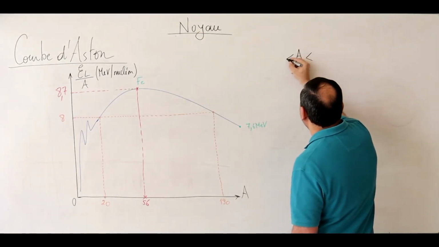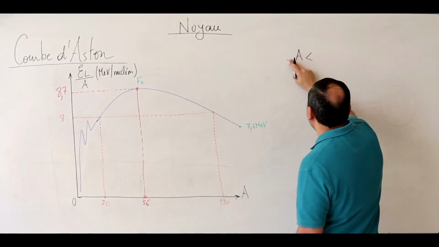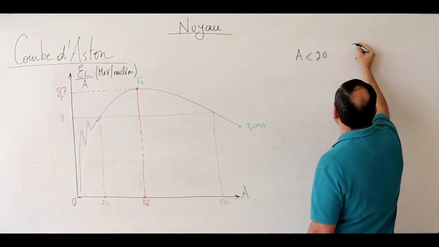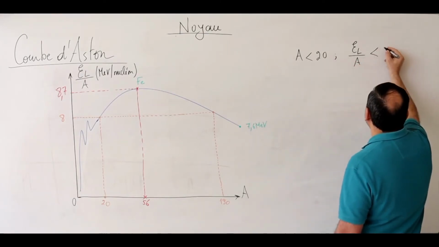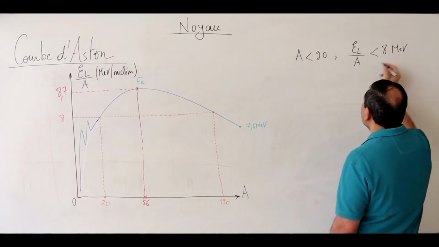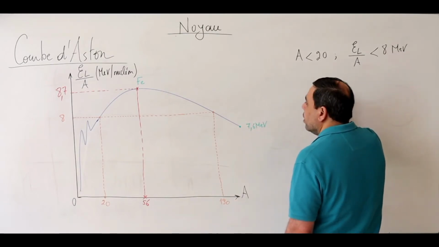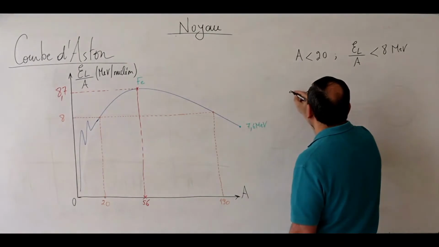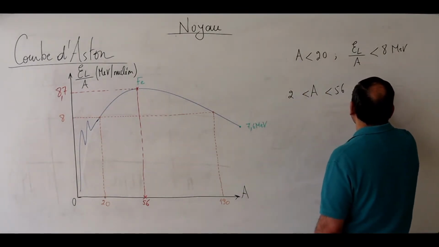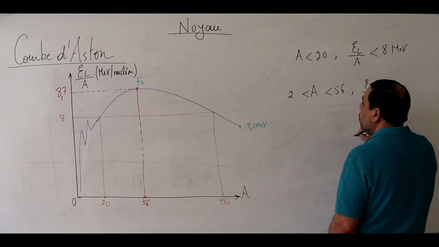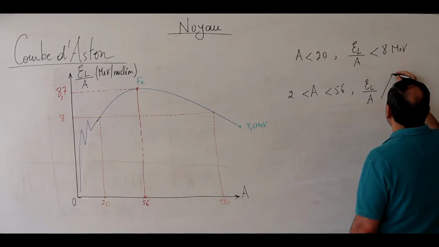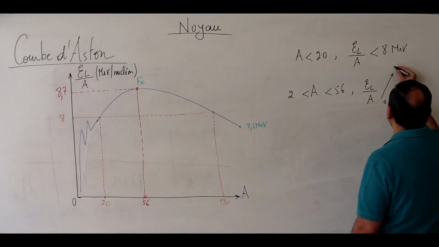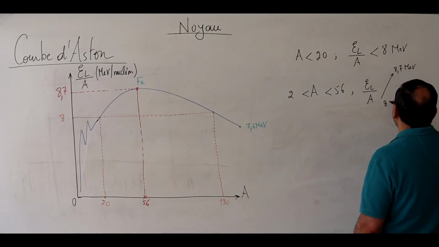When A is less than 20, the binding energy per nucleon is less than 8 mega electron volts. If A is between 20 and 56, the binding energy per nucleon is increasing from 8 mega electron volts until 8.7 mega electron volts.